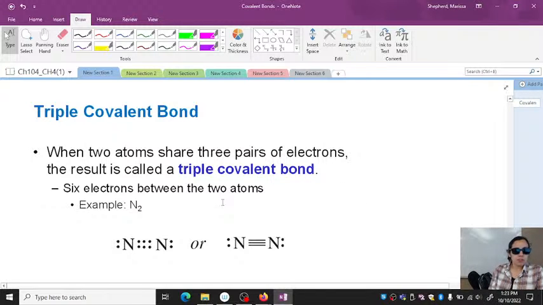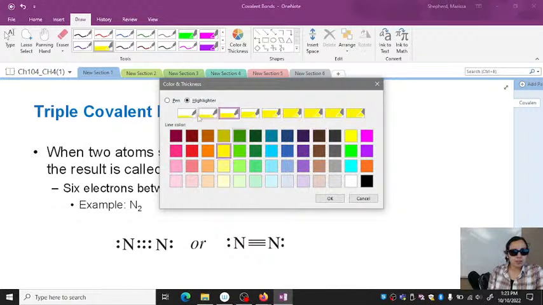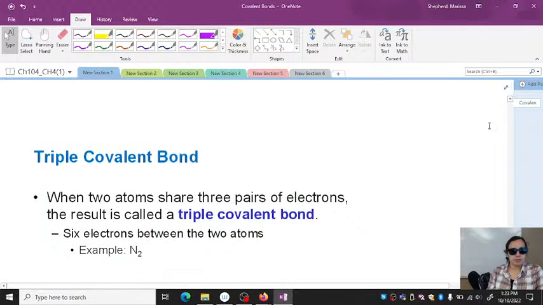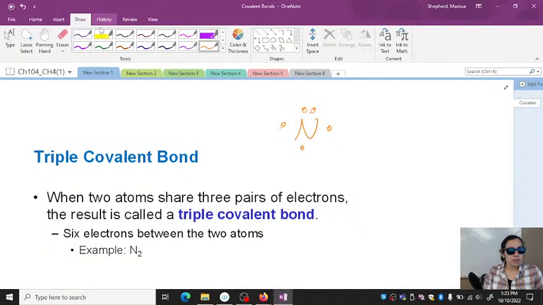And so you can also have two atoms share 3 pairs of electrons. Let's look at nitrogen and its Lewis dot structure. Judging from its Lewis dot structure, how many bonds do you think nitrogen will want to make? 3, exactly, right, these 3 lone pairs of electrons.